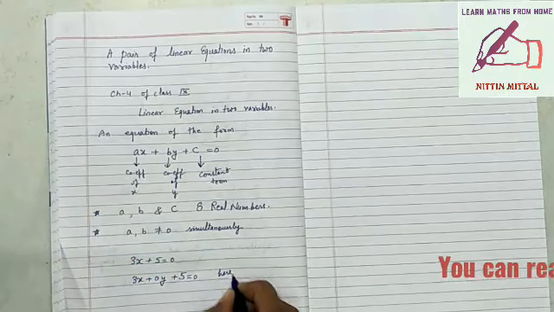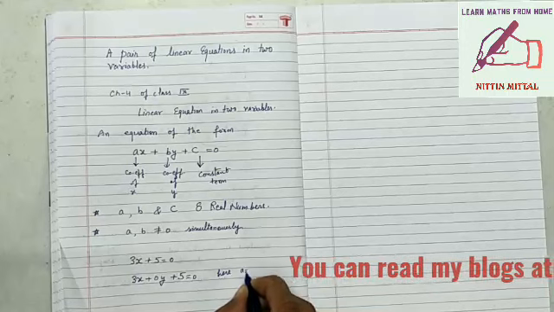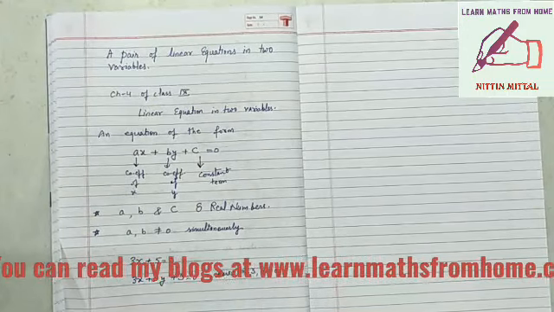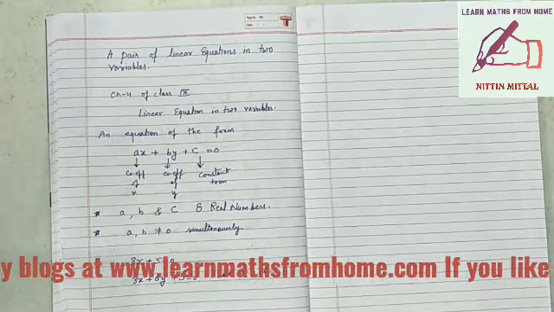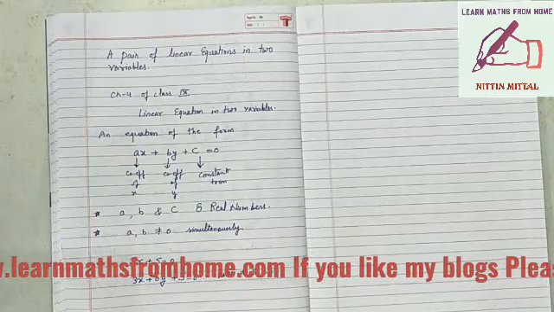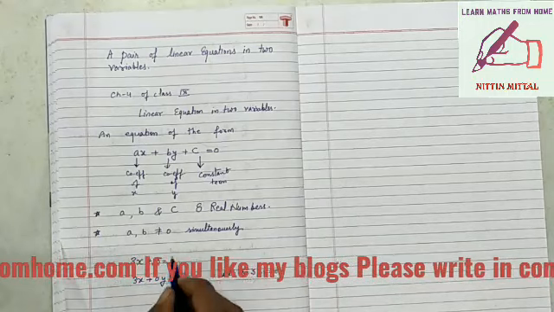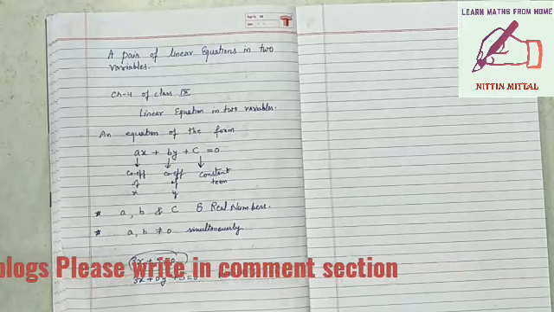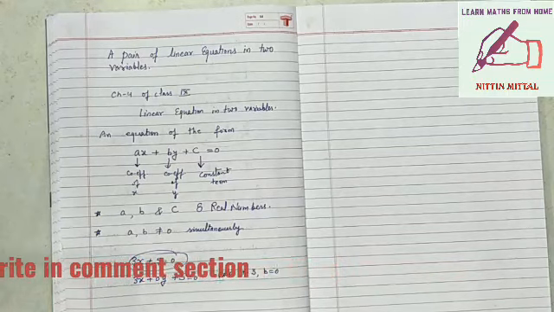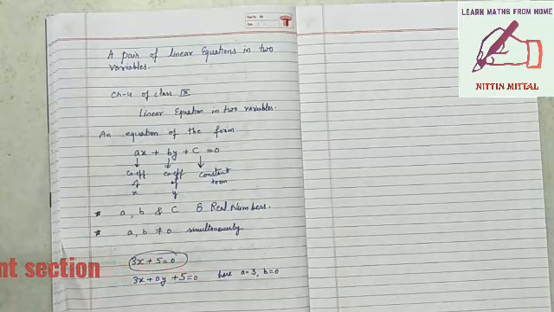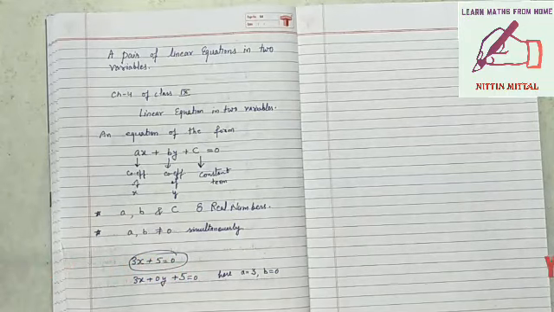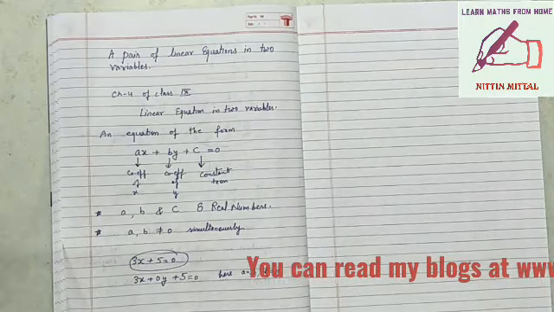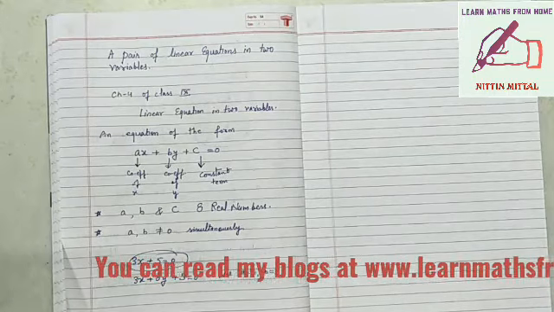Now here if you notice, a is equal to 3, that is coefficient of x, and b is equal to 0. So here b is 0, means 0 into y, 0. So we have 3x plus 5 equal to 0. But still it is a linear equation. No problem. It is linear equation in one variable.